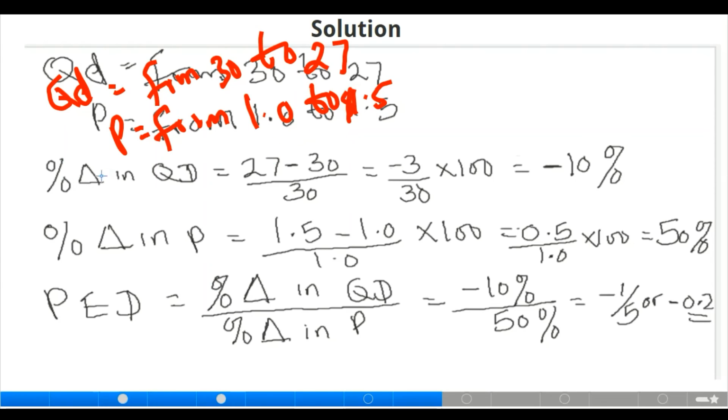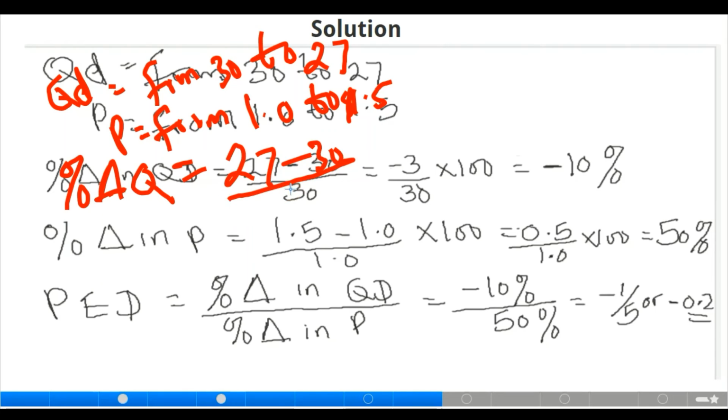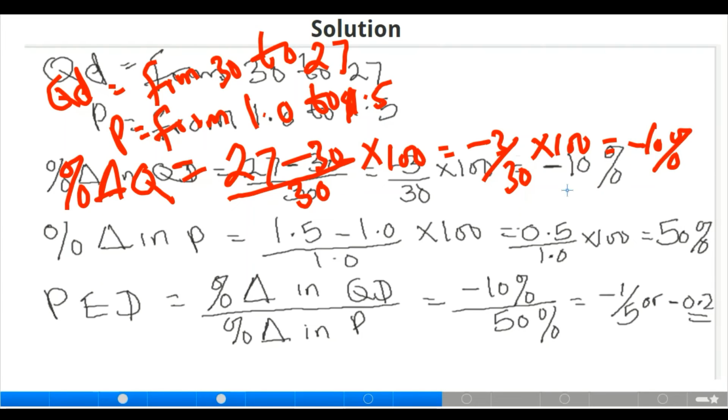Now moving back to our formula, the percentage change in quantity is the new minus the old, which is 27 minus 30, divided by the old quantity, multiplied by 100. Here we have minus 3 divided by 30 multiplied by 100, which gives us minus 10%. That is our percentage change in quantity.